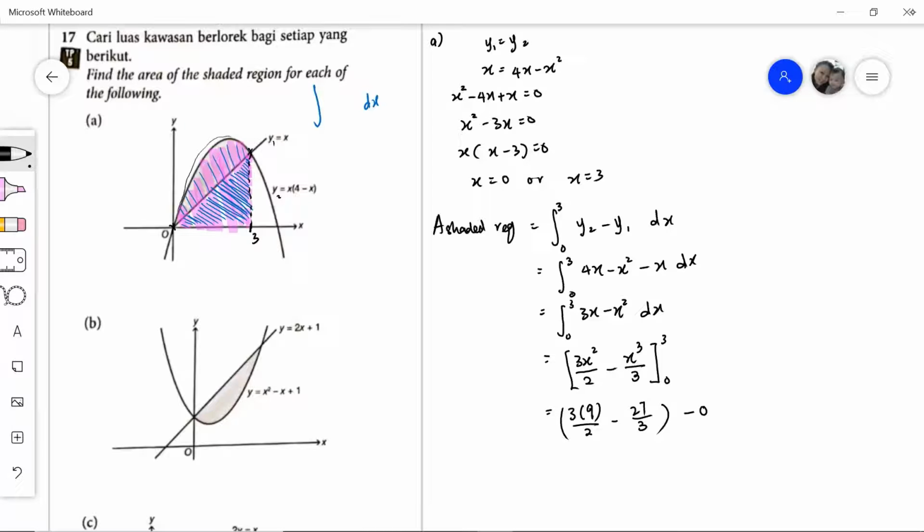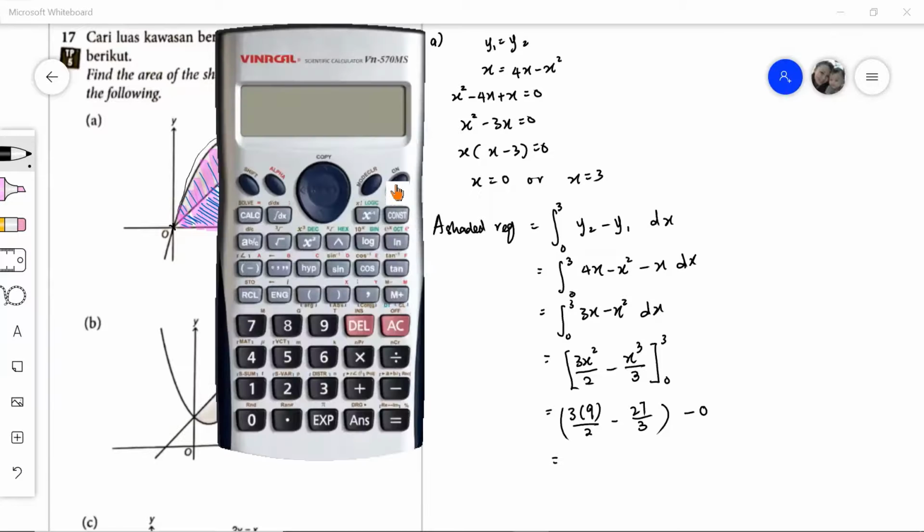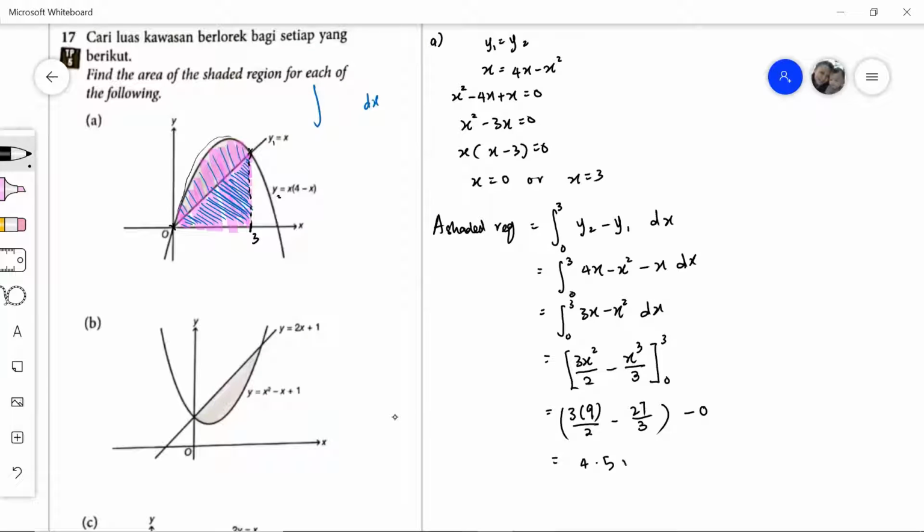When you substitute 0, it is still 0. Over here, we can use the calculator to do the calculation for us. So we have 27 over 2 minus 27 over 3, which is 9. So we got the answer, 4.5 units squared. This is where we use the integration fully.